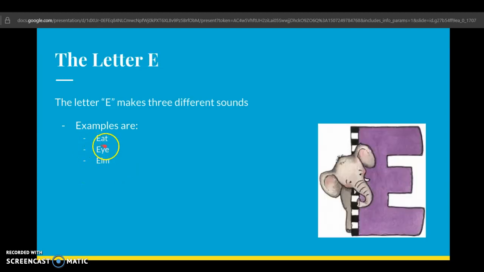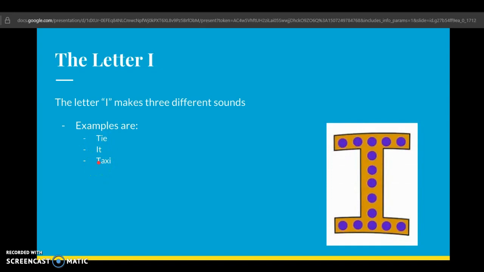E makes e, I, and elm. The letter I makes I, it, and E.